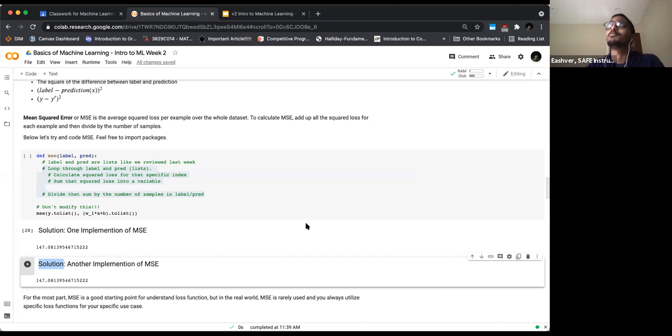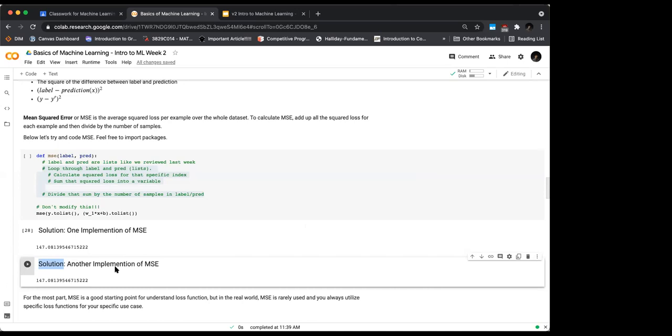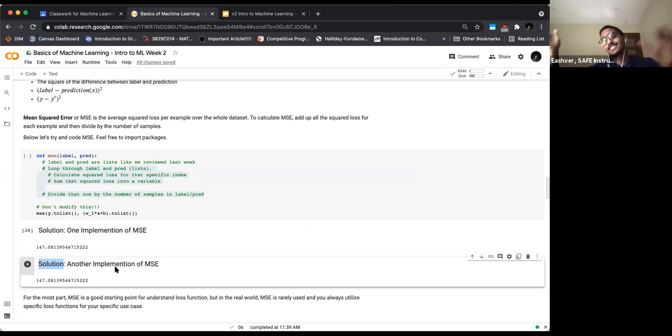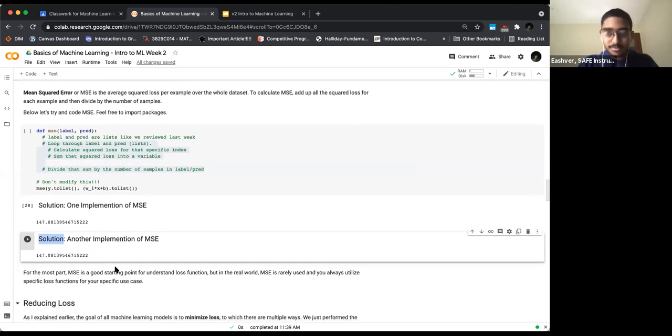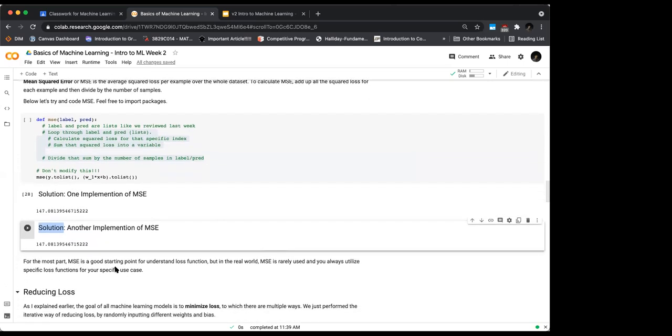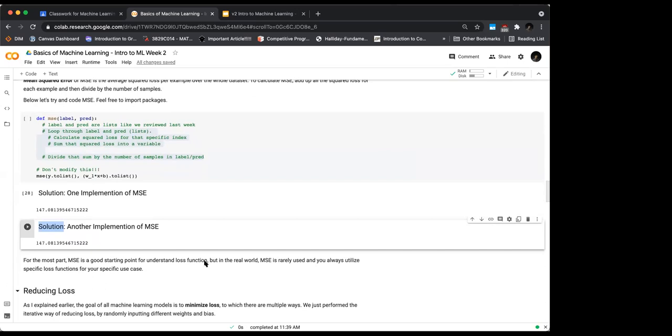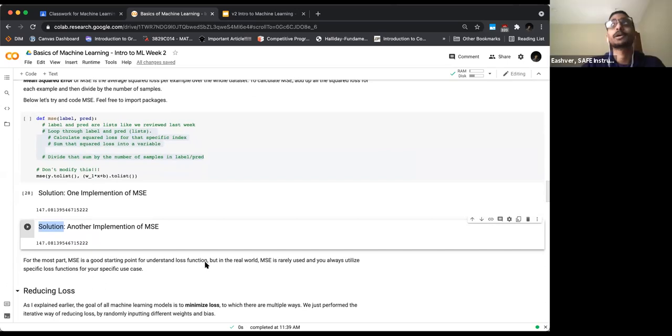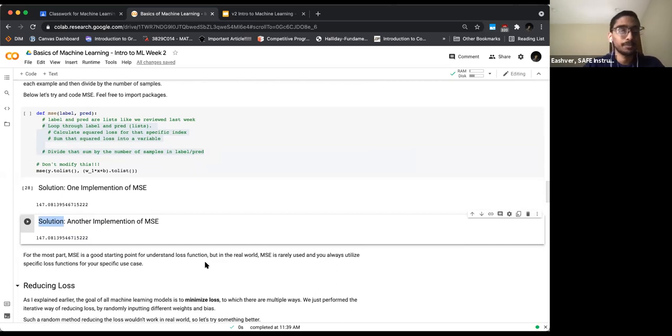On average, I'm off by like 12 points, and you guys are off by like 13. That's fine, it's an error. MSE is rarely used anywhere else, but it's a baseline.